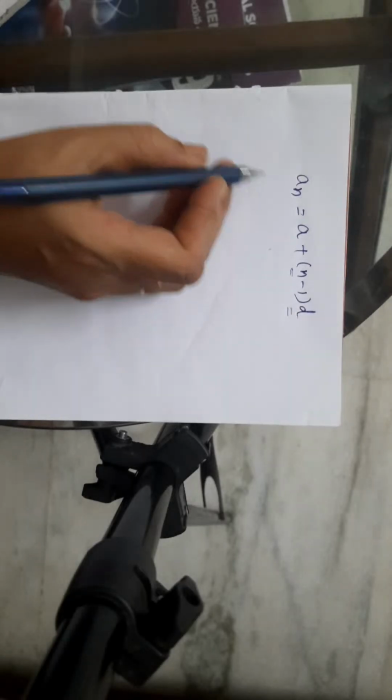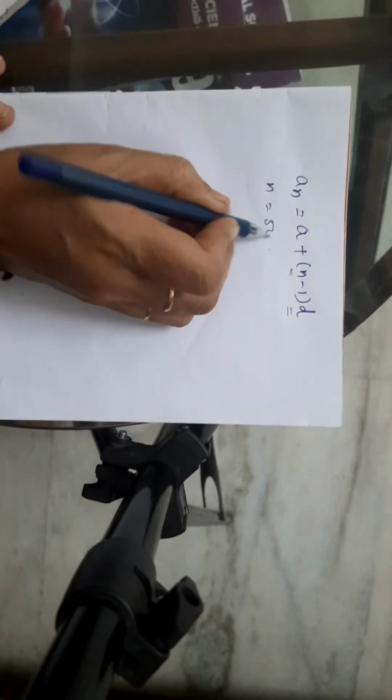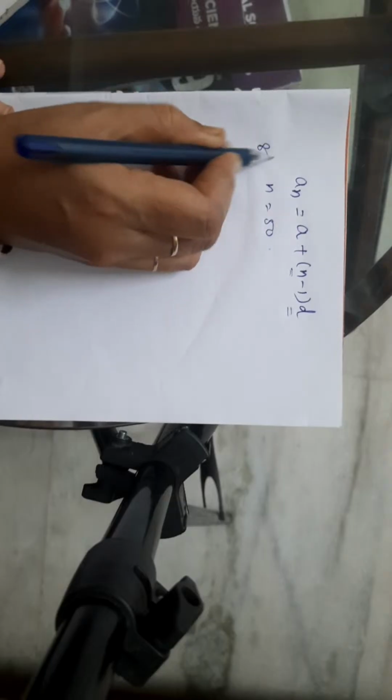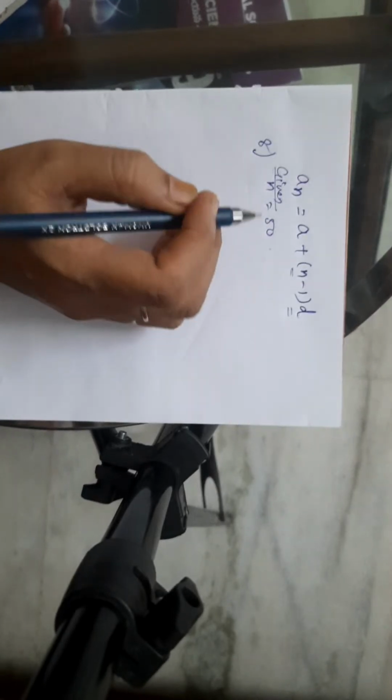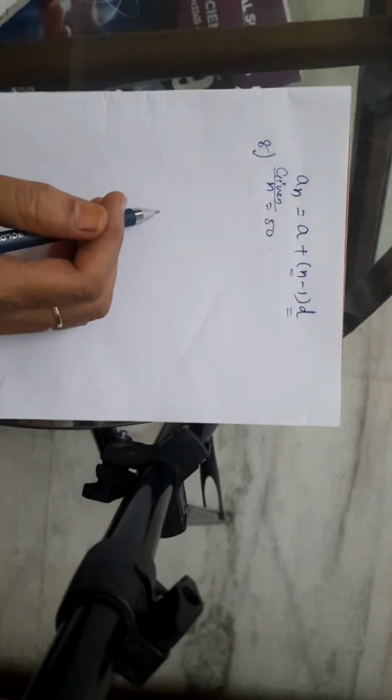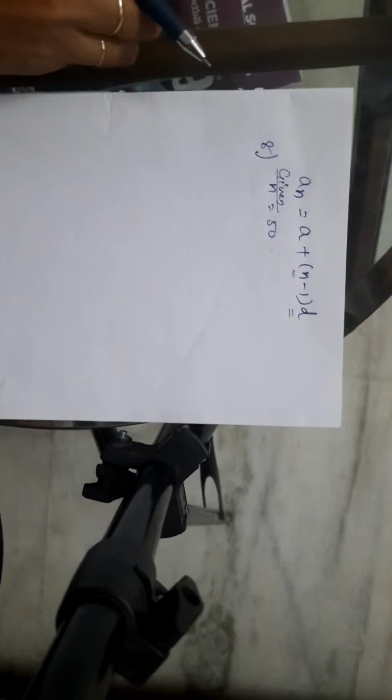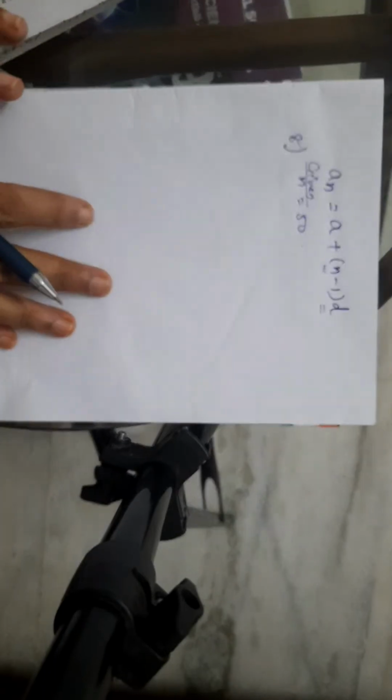In question number 8, it is given that an AP consists of 50 terms. So here n is given as 50. The given AP consists of 50 terms, whose third term is 12 and last term is 106.